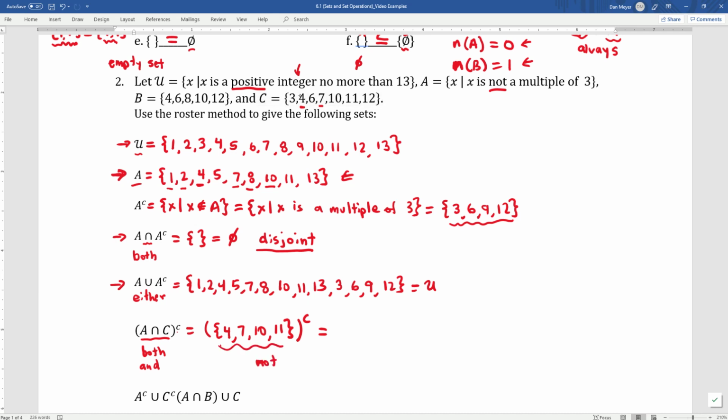Okay, so it looks like the elements that are not in that set: 1 is not in that set, 2 is not, 3, 5, 6 is not in this set here, 8 and 9, and 12 and 13. All right. So we followed the order of operations here, found this intersection first, and then took its complement.